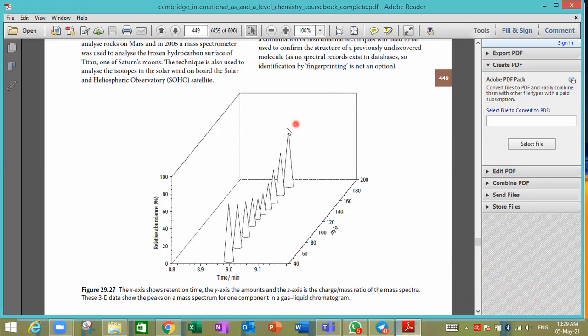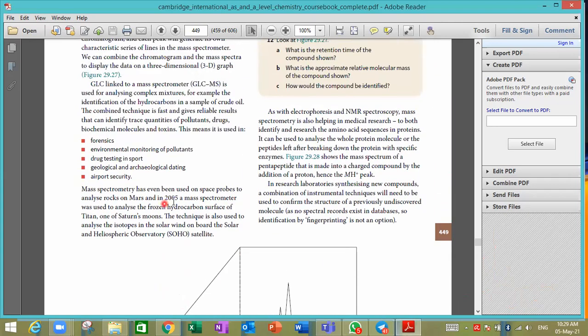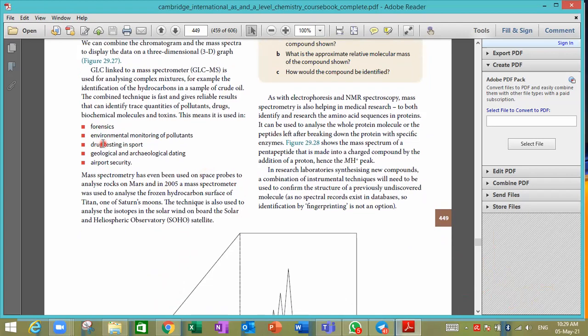Now, in what areas do we use GLC that is connected to a mass spectrometer? There are different areas, of course. We can use it in forensic science in order to analyze a sample of someone, for example, who took pills in order to commit suicide.